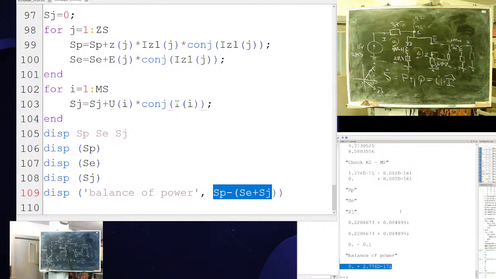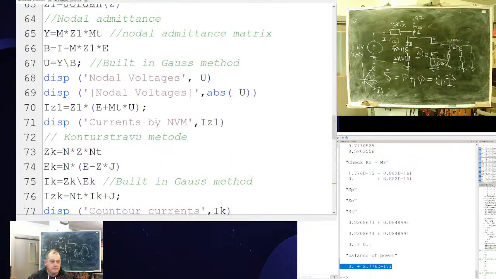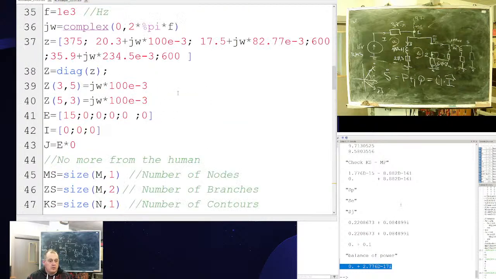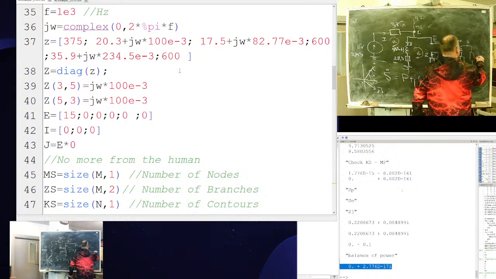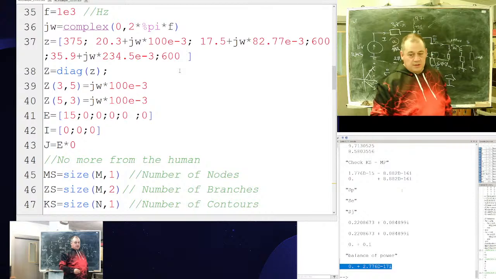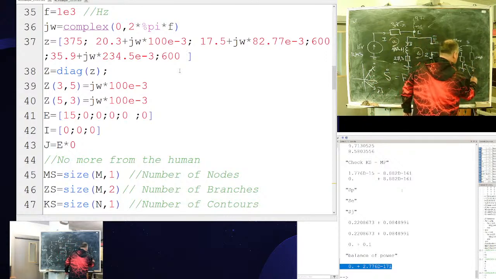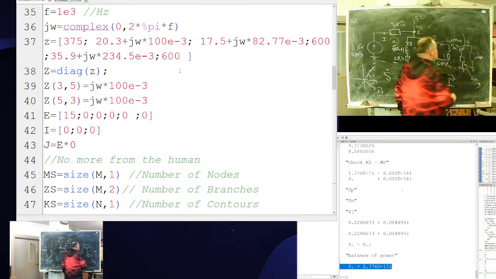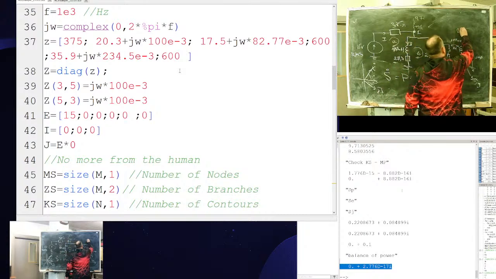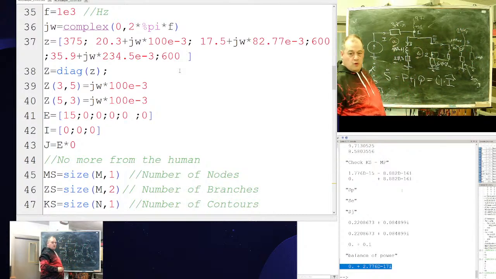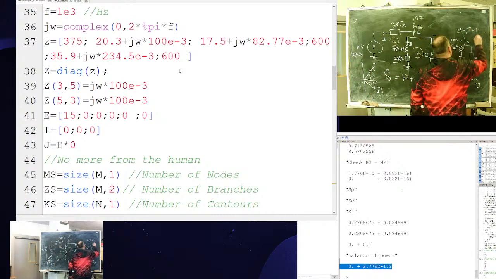Parameters. One second, I'll just open yesterday's example. Yesterday's example, where are... this one. 600 ohms, it's easy. 45.9, this resistance is 45.9, this inductance 234.5 millihenry.